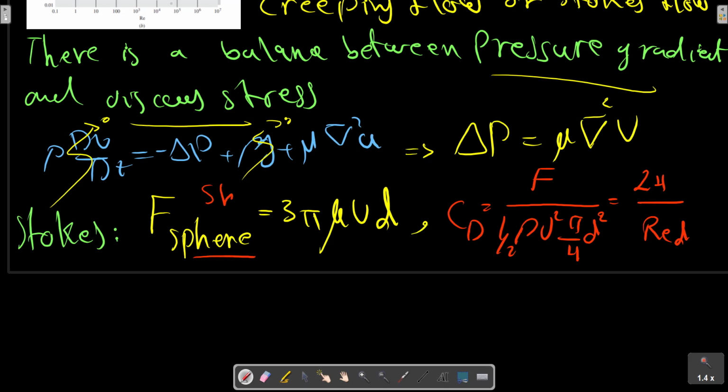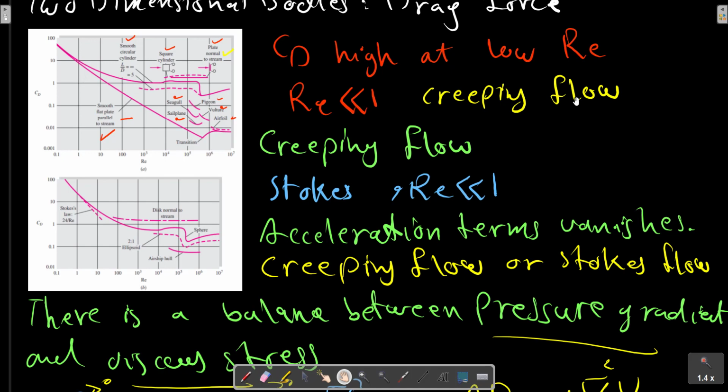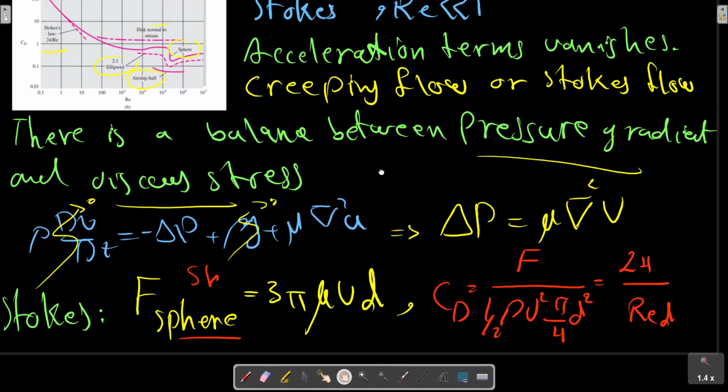The relation is plotted also in the previous diagram. We can have the drag force coefficient for a sphere and Reynolds at Stokes law, and various spheres, ball and ellipsoid shapes are provided in this picture.